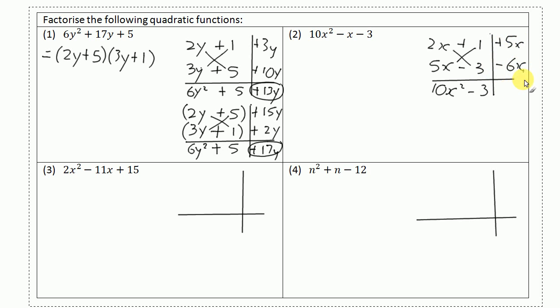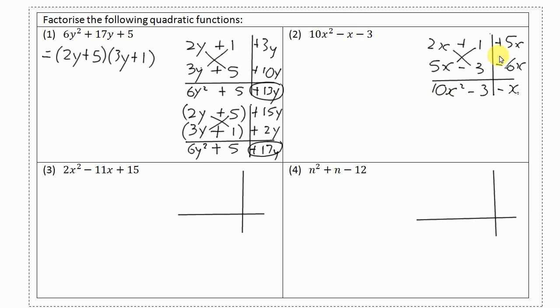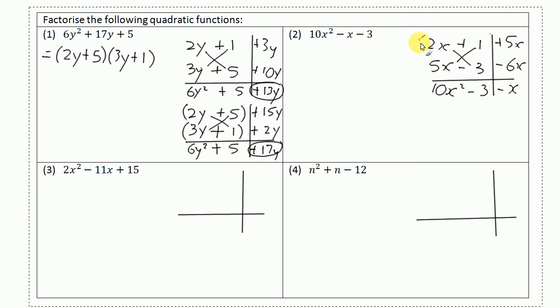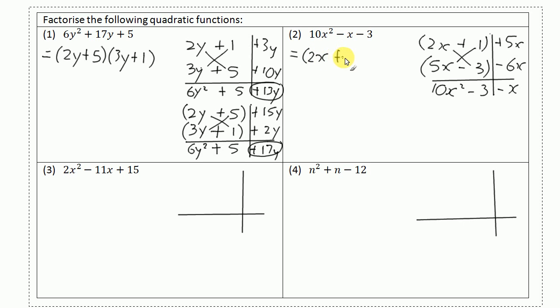When I add these two together, I should get negative x, which is the same as what I have here in the middle term of this function. So I know that I'm correct. These are the two factors. So the answer is 2x plus 1 and 5x minus 3.